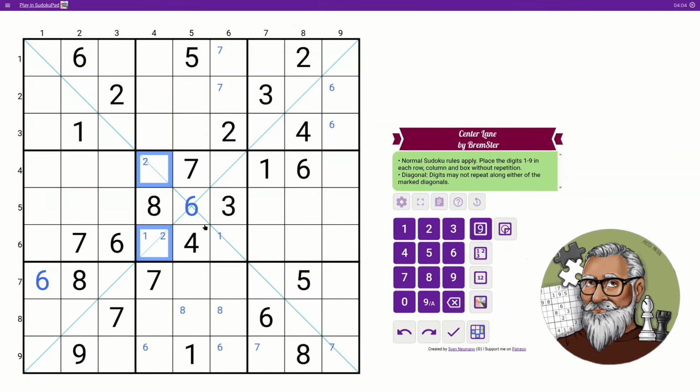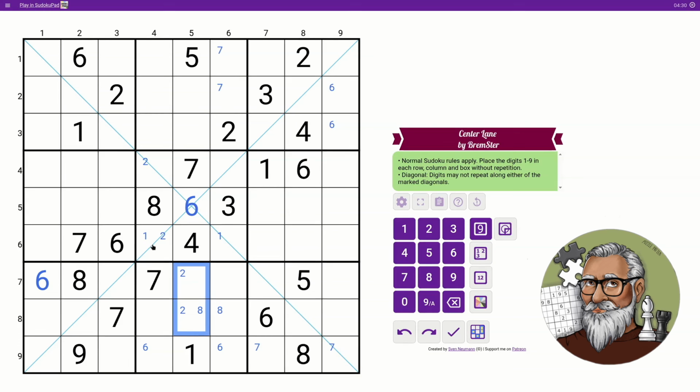Can't eliminate 9 from either. That's interesting. Okay, but since I have 2 in one of these, then I can't have 2 anymore in box 8, column 4, because one of these has to be 2, right? So any of them would eliminate 2 from here. Those can't be 2, so one of these is 2.